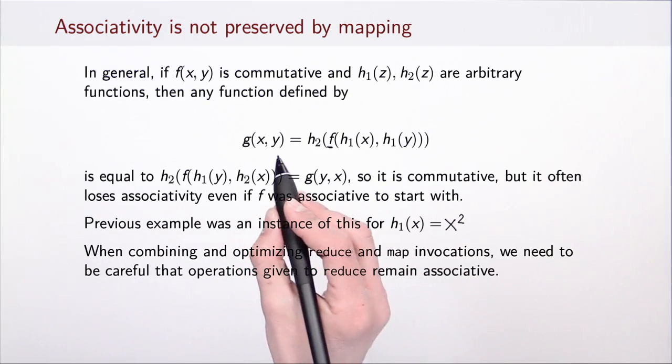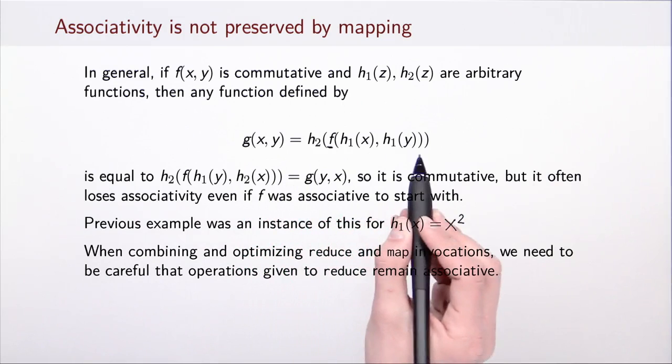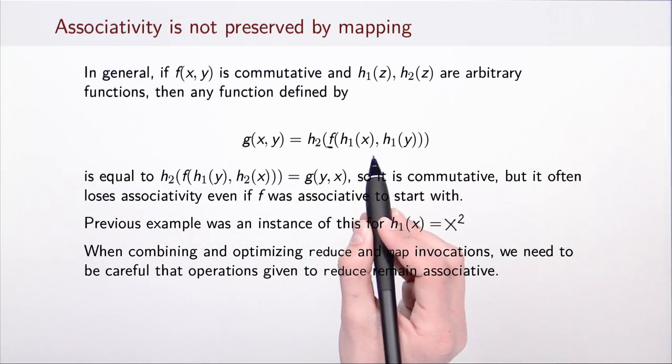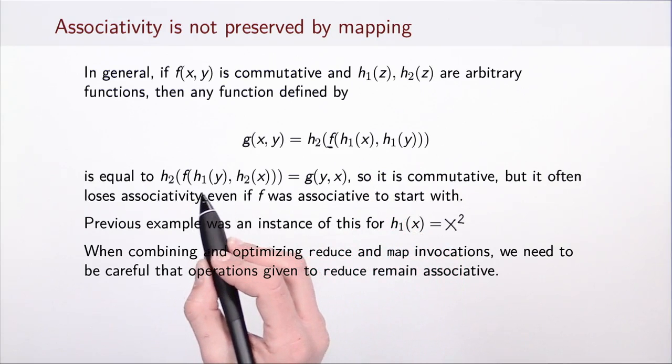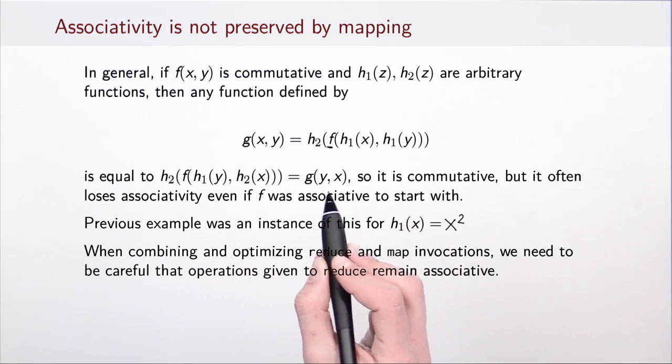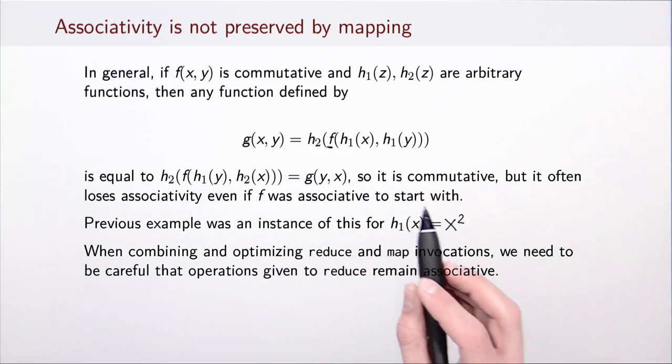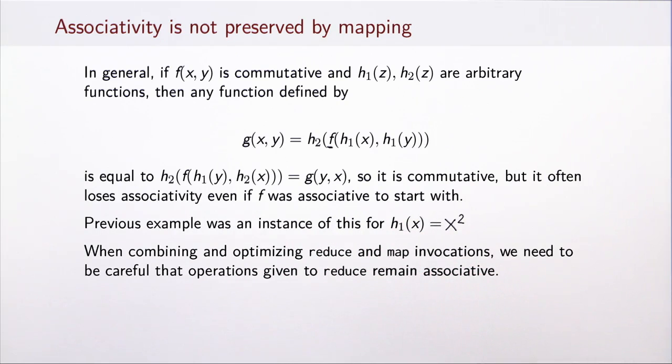Indeed, g of xy is equal to this expression, but if we swap the arguments of f, which is commutative, then we obtain the following expression, and this is in fact g of yx. So g is commutative. As we have seen in the previous example, however, g loses the property of associativity even when f did have it. The previous example was an instance of this phenomenon when h1 was x squared and h2 was the identity function.